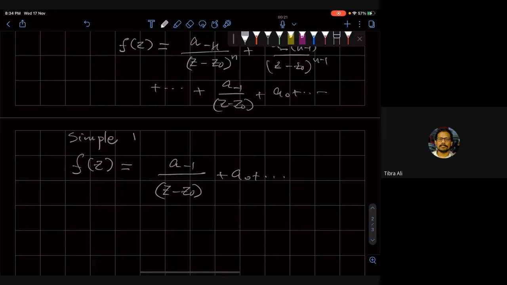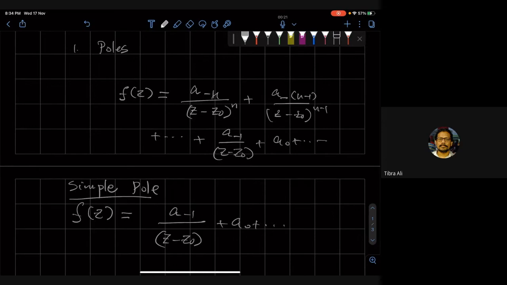Okay? This is a simple pole. If, for example, in this case, n is greater than 1, the singular point has higher power than 1, then that's called, I think, a higher order pole.